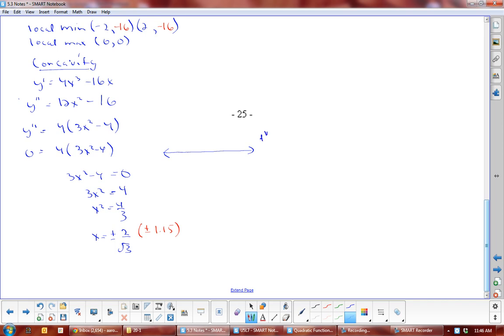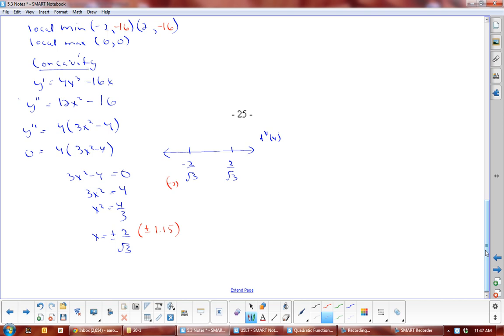So f prime x. Okay, so I got negative 2 over root 3. And over here I will have 2 over root 3. Those are my inflection points, right? Okay, so that's negative 1.15, so I should be able to test negative 2.